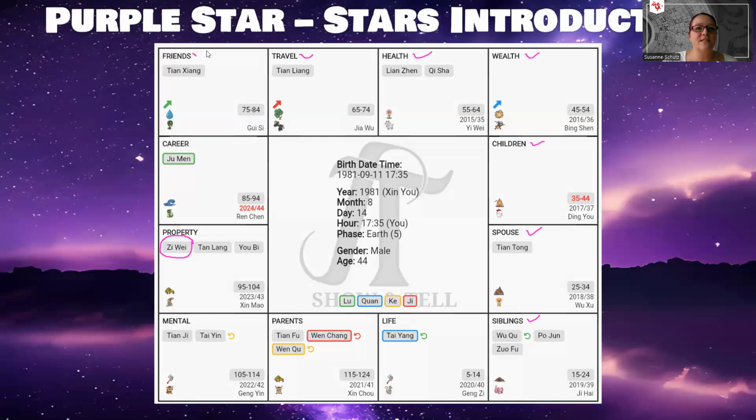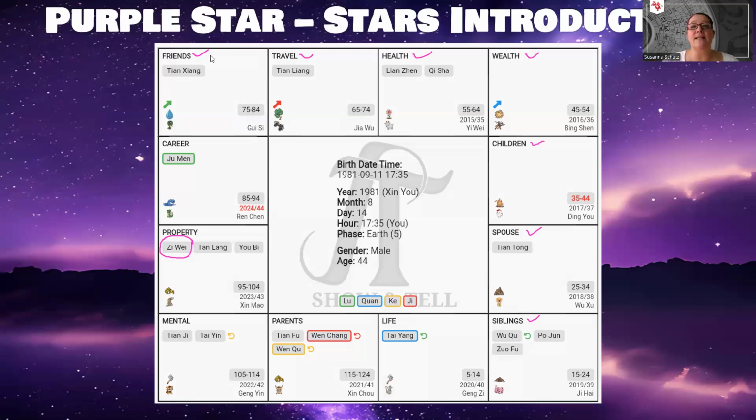Now, if you have the Ziwei star in the Friends Palace, you tend to have a lot of friends that are in a higher position than you. Either they have a higher status, or they have a better career, or they are wealthier than you are, or they're more senior than you are. Something about them is better than you. It's nothing bad.